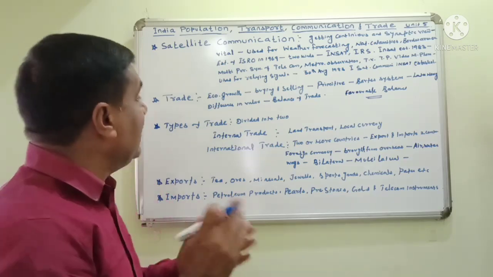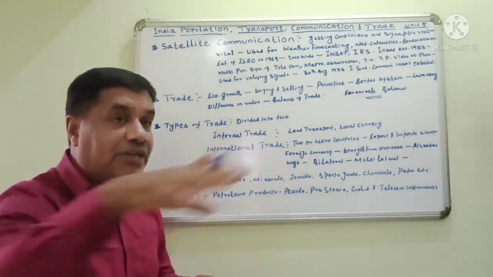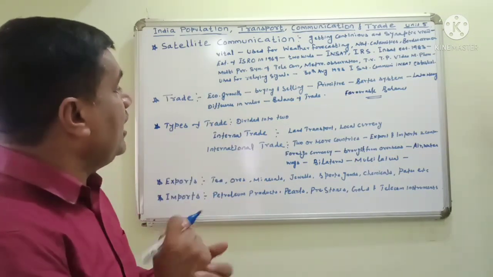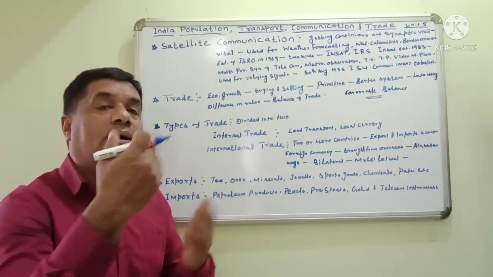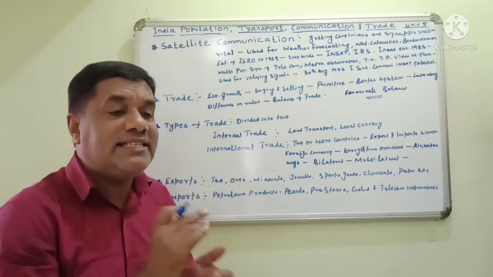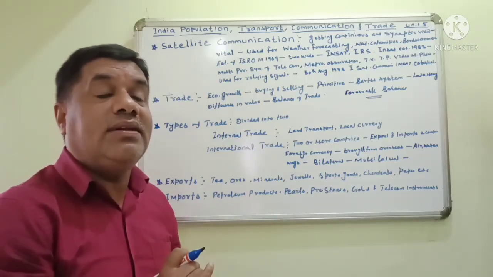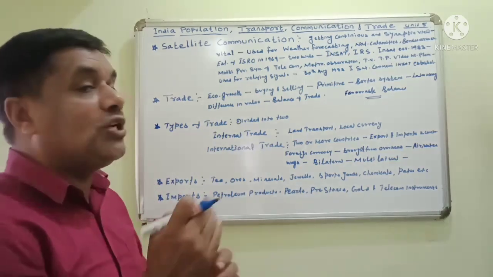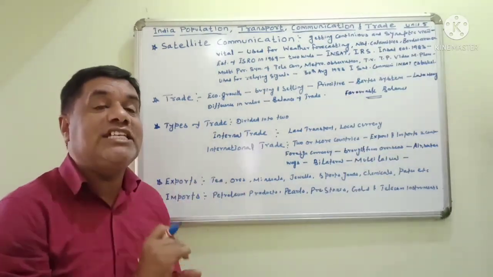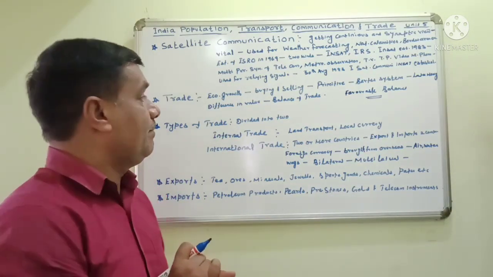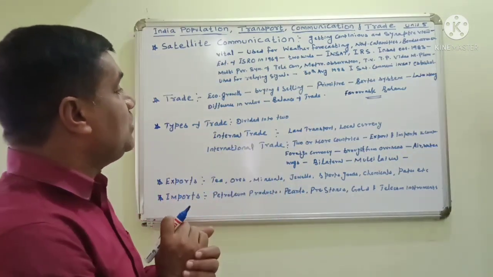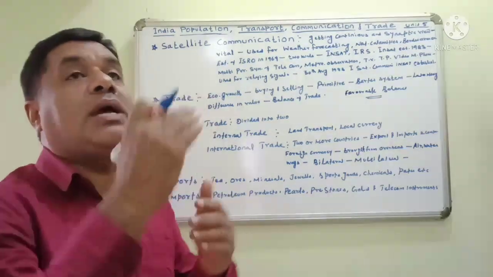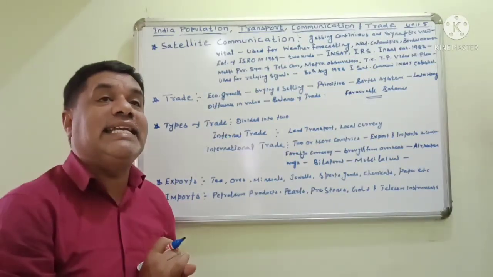For example, within our country India, goods and services sold from one place to another is known as domestic trade or internal trade. Export and import within a country is known as internal trade. And international trade means what? Goods and services exported from one country to another is known as international trade.